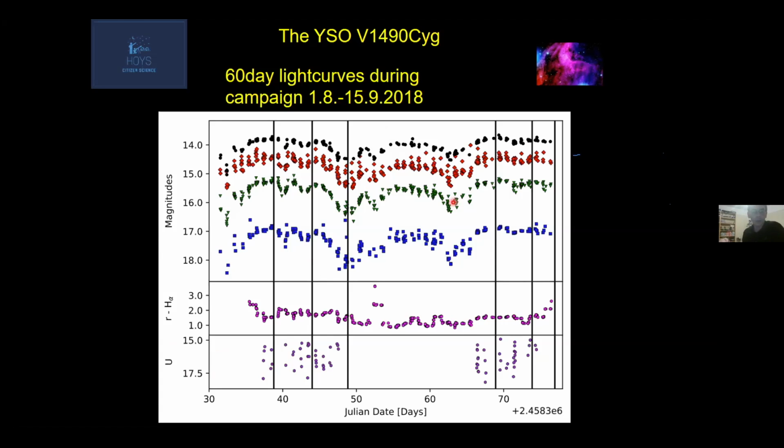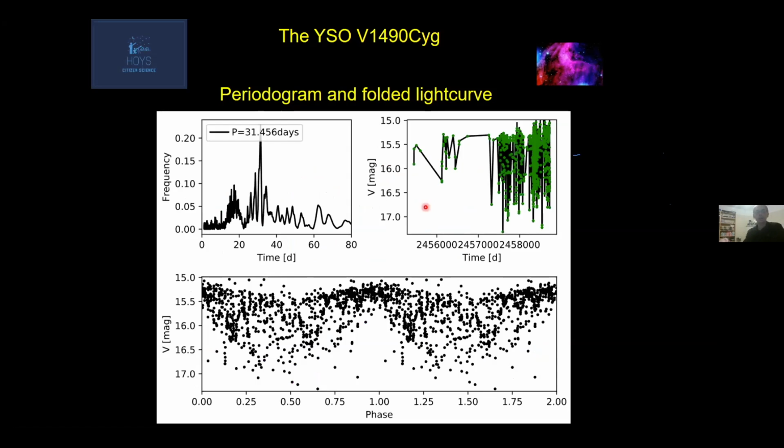And the first thing you can do is try to find, is that periodic? So on the top left is what we call a periodogram, which basically just tells you how strong the signal is if you assume a certain period. And what you can see, there's a peak here at about 30 days or about a month. And what you then can do is fold the light curve with that. And if this was a nice eclipsing binary, what you would expect is a nice and smooth behavior, which you don't get here.